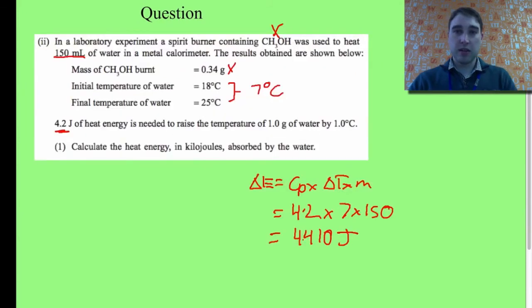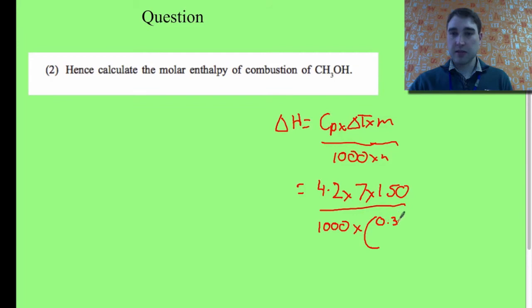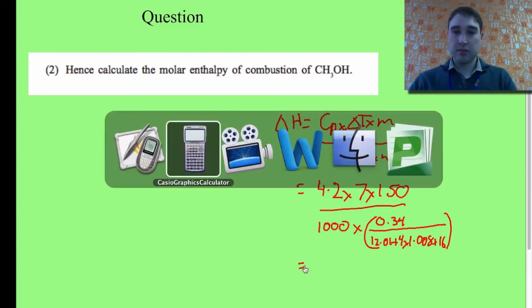If I go back I can see my mass was 0.34 grams. I'm going to divide that by the molar mass of the methanol, so 12.01 plus 4 times 1.008 plus 16 for the oxygen. Right, I'm going to get my calculator up.